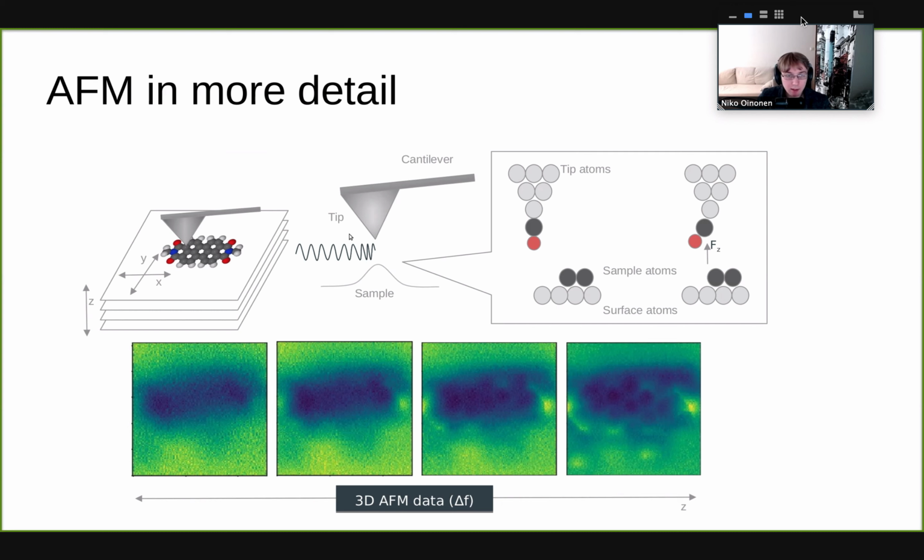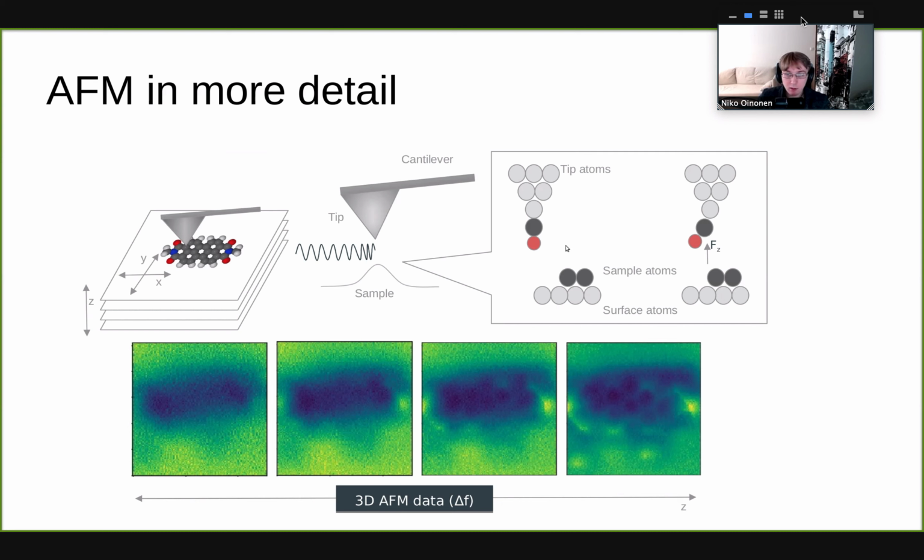So the wiggly line here signifies that you have one oscillation frequency where there's nothing interesting in the sample, and then when there's some kind of bump, you might get a different oscillation frequency. And then if you scan over your sample, you can get this contrast map of what is in your sample. And if you go at different distances, then you get different contrast in the image.